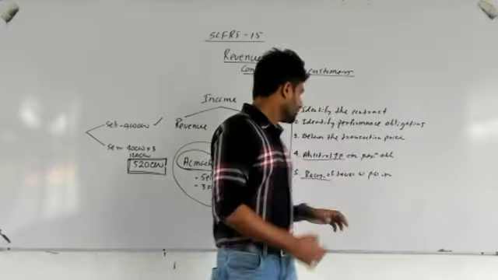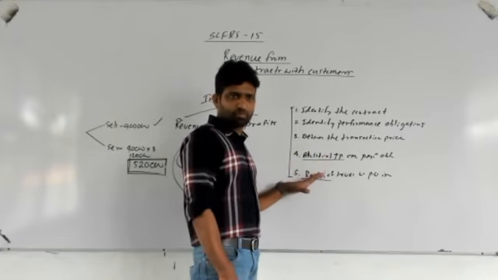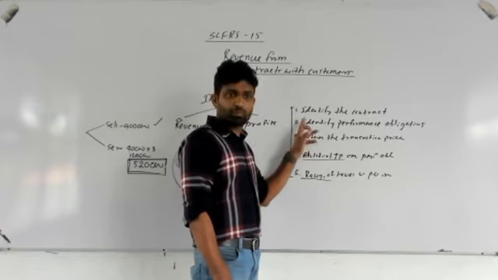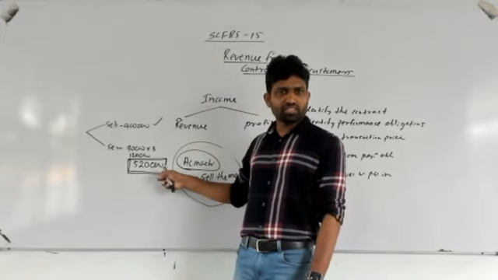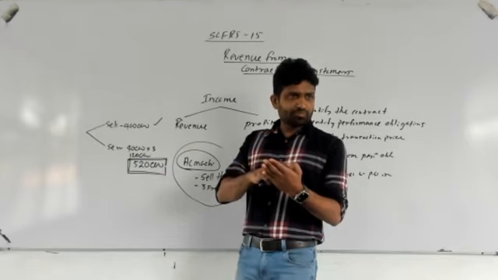Right? Fourth one, allocation of transaction price among performance obligations. Then we have two performance obligations, two promises. We have to divide this 520,000 between those two promises. That is, how much for the sale of the machine, and how much for providing services.